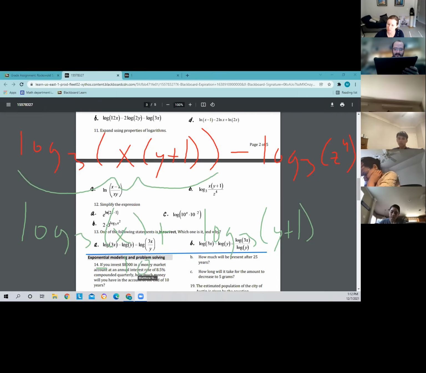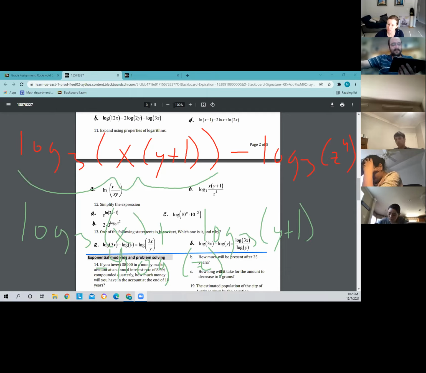What can I do with that z to the 4th? Bring the 4 down in front. Yeah, I can bring the 4 down in front. So I get log base 3 of x plus log base 3 of what? y plus 1 minus 4 log of z. Questions about this?